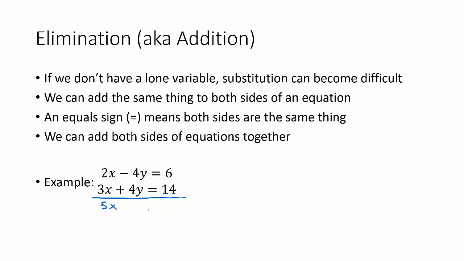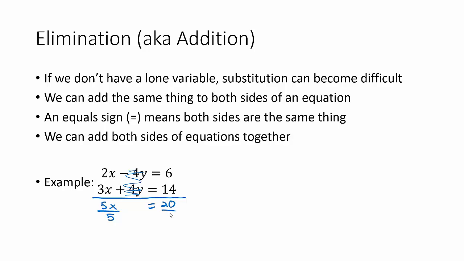When we add negative 4y plus 4y, that conveniently goes to 0. That's really important there. Negative 4y and positive 4y conveniently goes to 0. That's what we want to happen. Because then all that's left on the other side is 6 plus 14, which is 20.